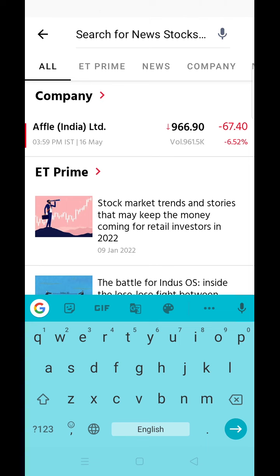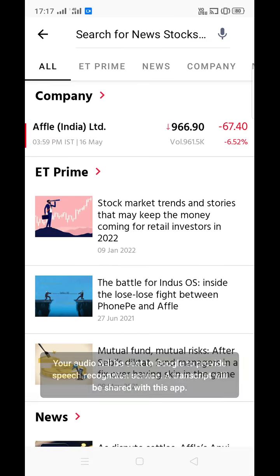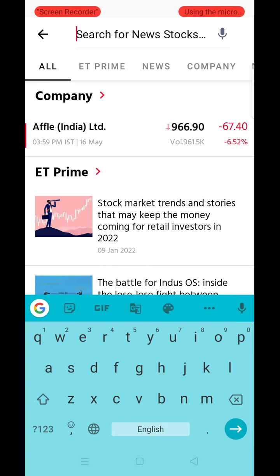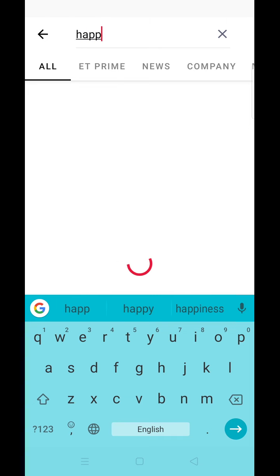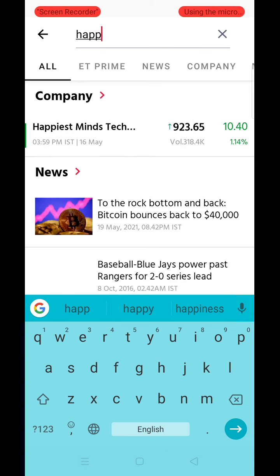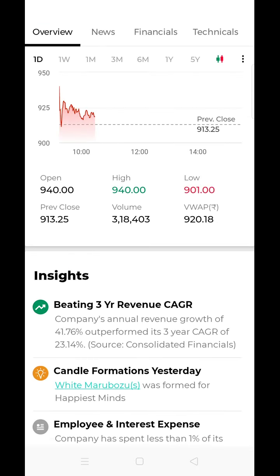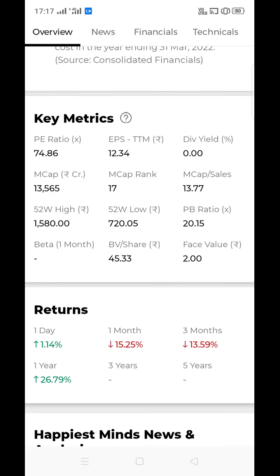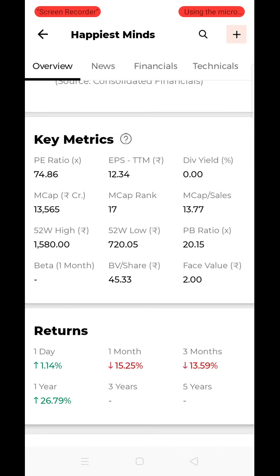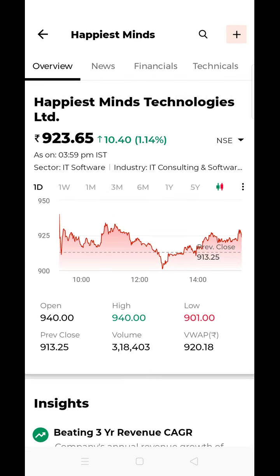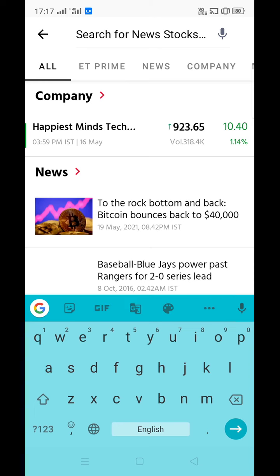So let's look at Happiest Minds. So new age company, expertise in big data and all. 74, very high valuation. So that's the thing.